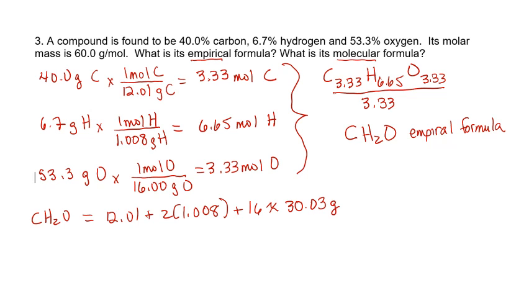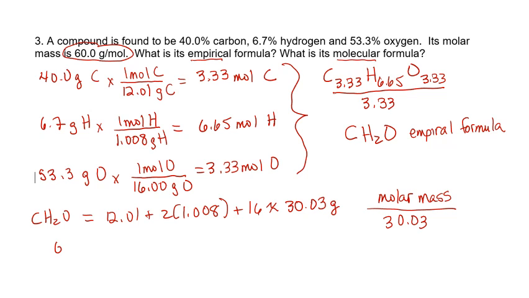All right. We are told that the molar mass is 60 grams per mole. So we're going to take the molar mass and we're going to divide it by 30.03.